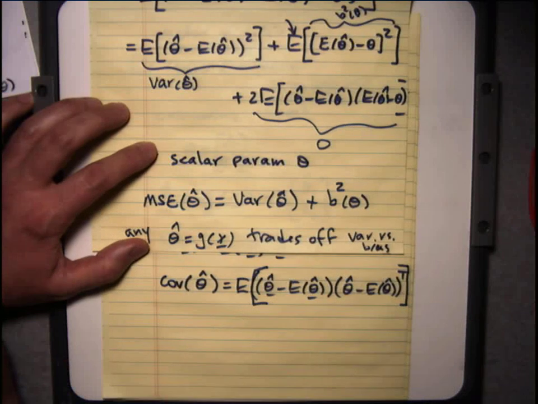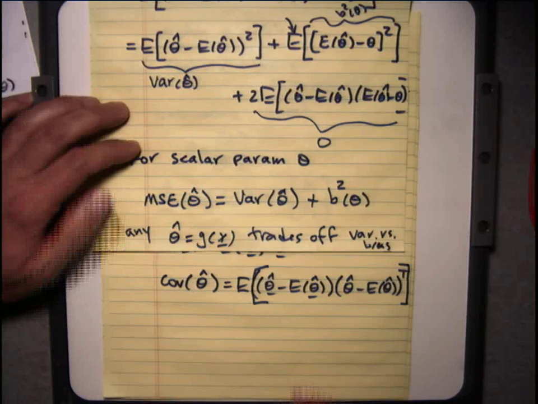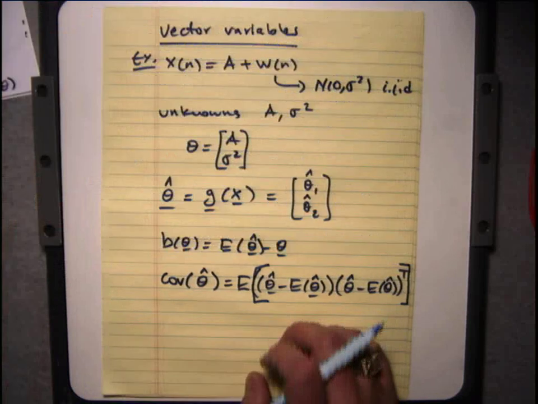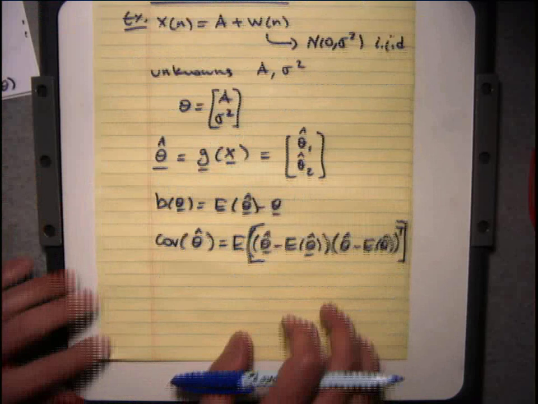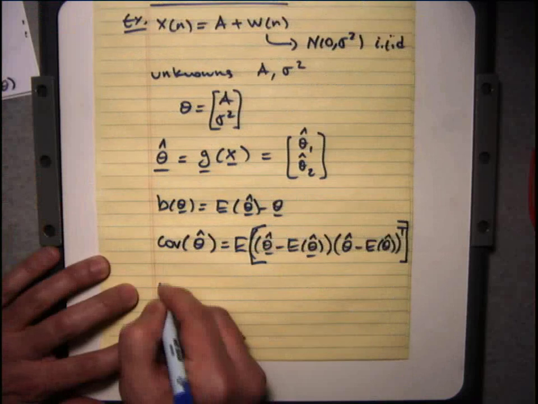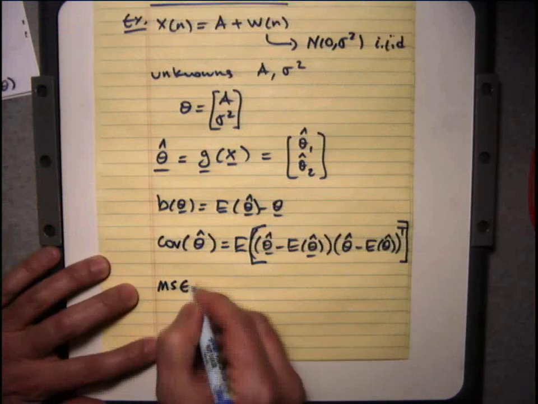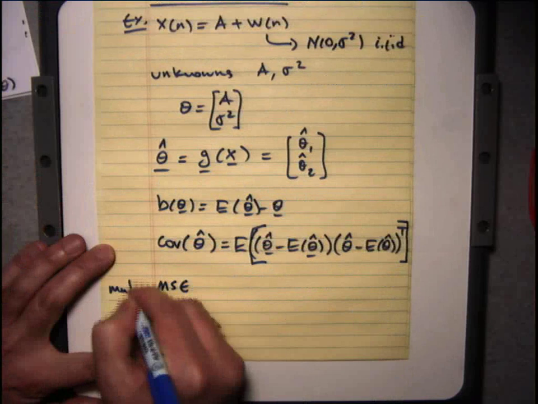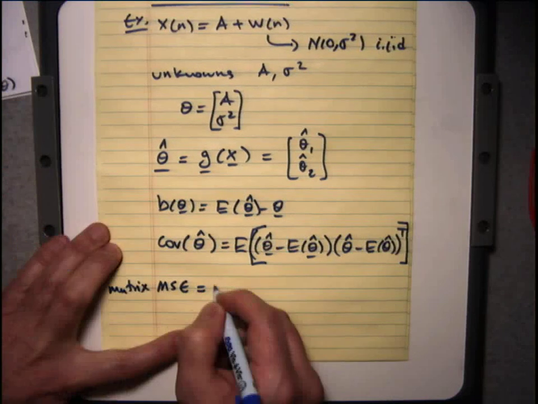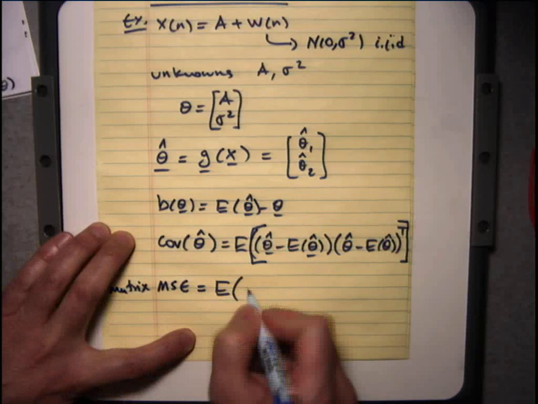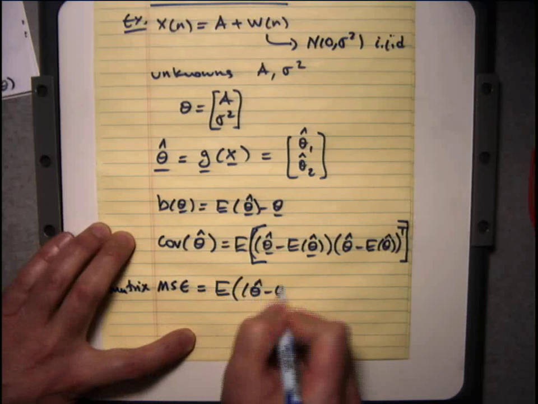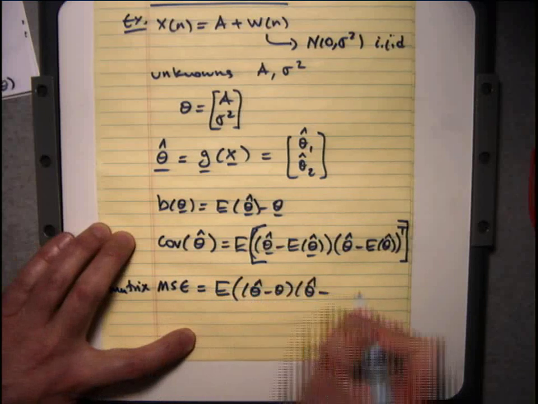Now, how do we do mean squared error in this case? What we do is define a mean squared error matrix. That's the expected value of theta hat minus theta, times theta hat minus theta transpose.